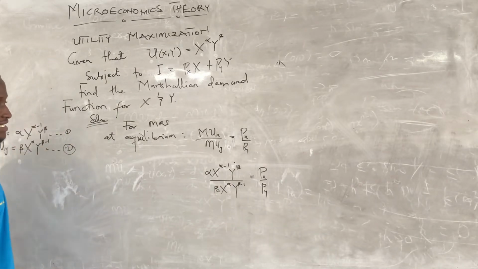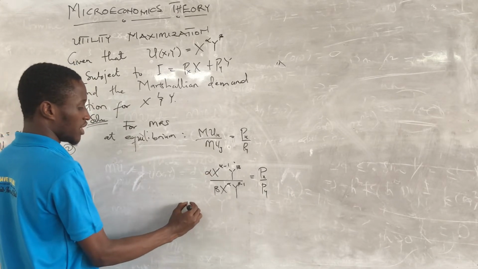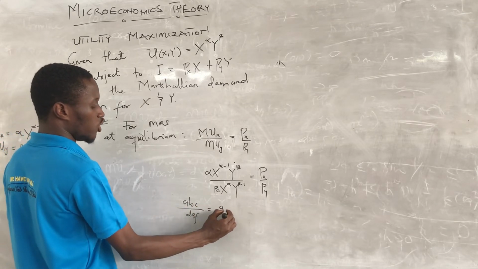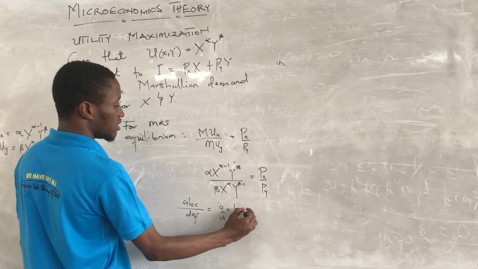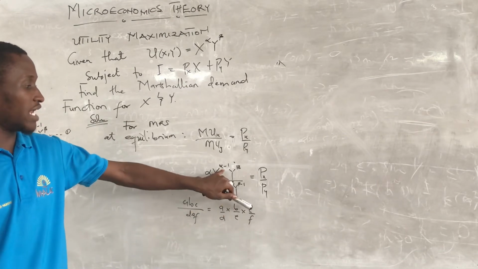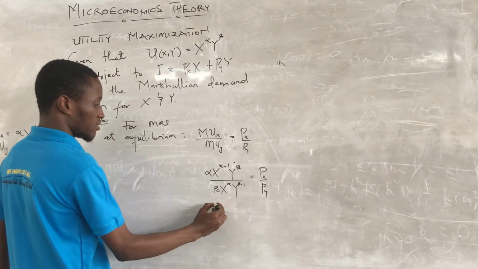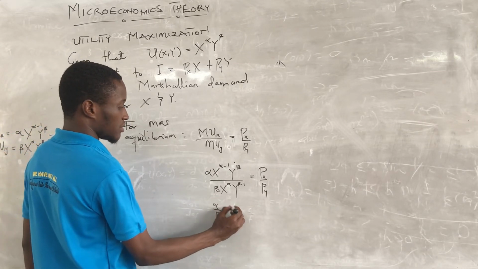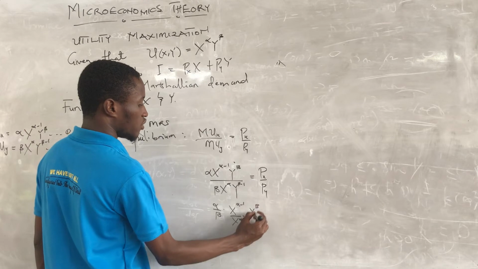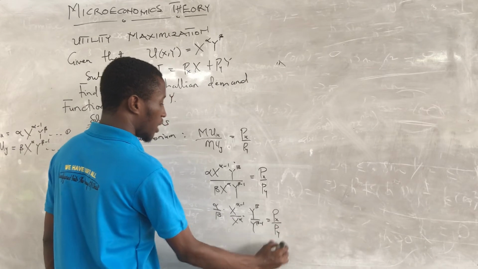So we apply indices. With multiplication or division, when I have a over b times c over d times e over f, it can be written as a over d times b over e times c over f. With this concept, I will split this to look like: alpha over beta times x^(alpha-1) over x^alpha times y^beta over y^(beta-1) equal to px over py.